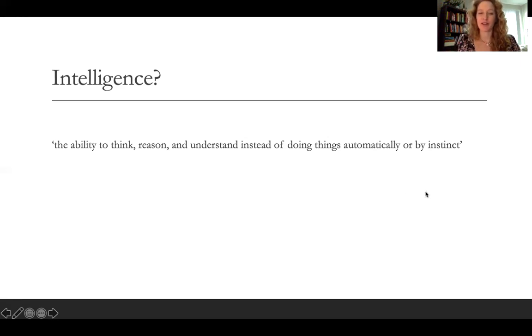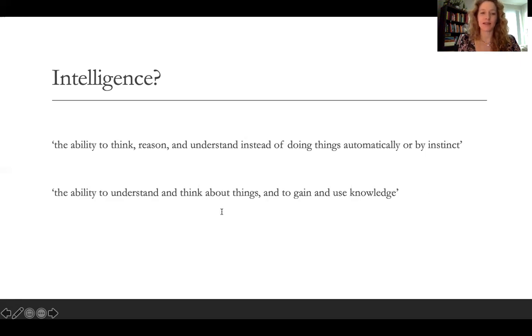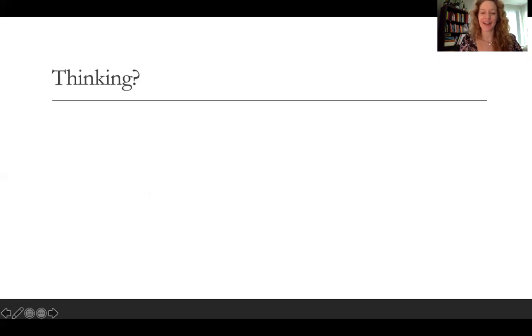Let's look at another definition here. This is the Macmillan Dictionary definition, which defines intelligence as the ability to understand and think about things and to gain and use knowledge. So we keep coming back to this word thinking, right? So what is thinking and how is thinking associated with intelligence?